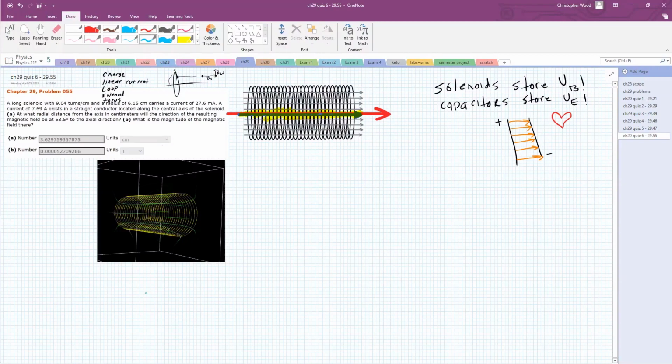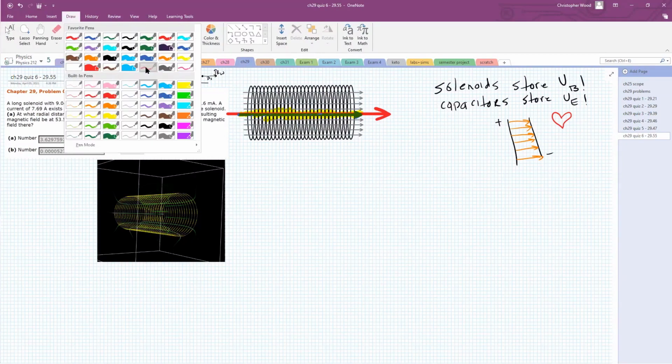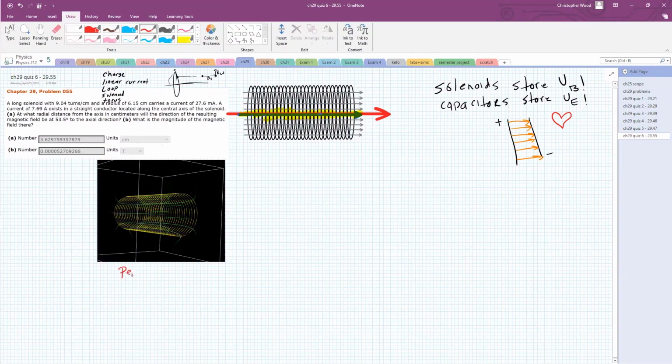So this would just sort of be a perspective view. I'll label this my perspective view, like whatever that is, 3/4 front perspective view. And this is the same solenoid here, but this is just side view, I'll call it, side view. So it's the same solenoid, just different views.